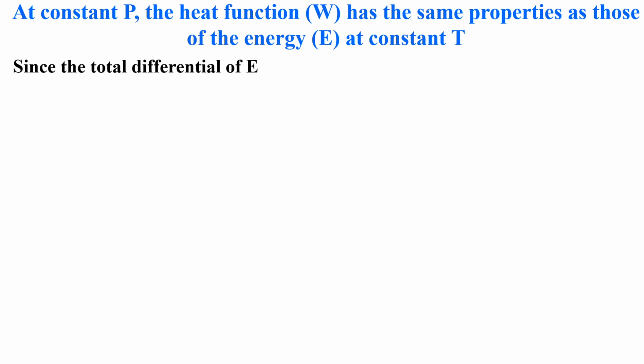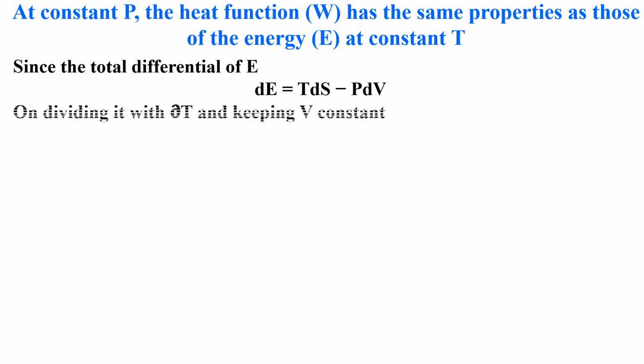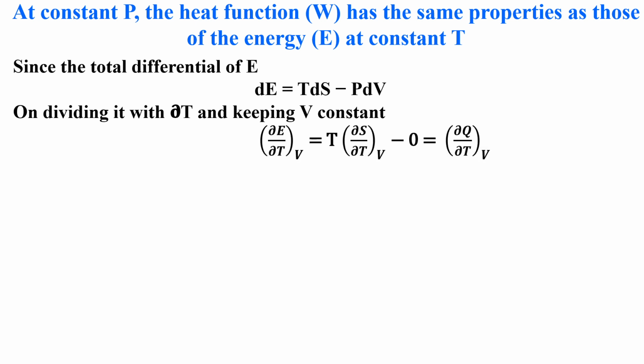Now since the total differential of E, dE is equal to TdS minus PdV, we know it. On dividing it with curly T and keeping V constant, we will get curly E upon curly T at constant V is equal to T into curly S upon curly T at constant volume, minus 0, because at constant volume the second term becomes 0.